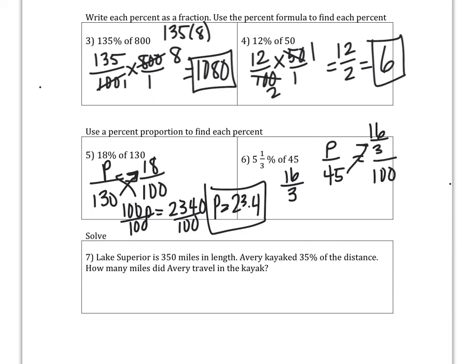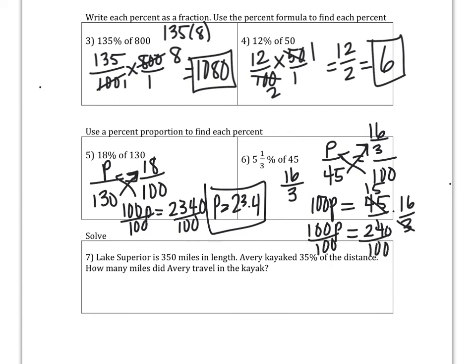I'm going to multiply those together and those together, so we get 100p equals 45 over 1 times 16 over 3. Cross reduce, and you get 15. So we get 100p equals 240. Divide both sides by 100, and p equals 2.4.